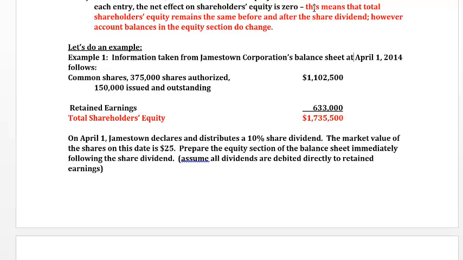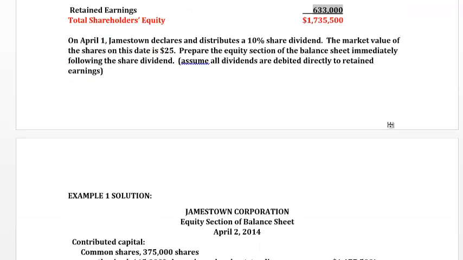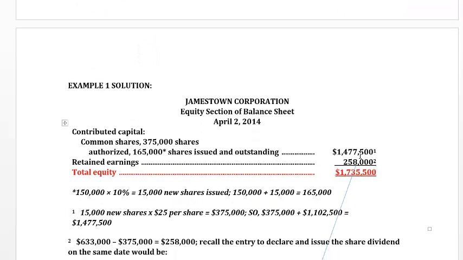So as we said before, the total shareholders' equity remains the same before and after the share dividend, but the account balances in the equity section do change. So we do have a different balance after the share dividend is declared and issued in our common shares, and we do have a different balance in retained earnings from what we started with. And that should be evident to you from this question.